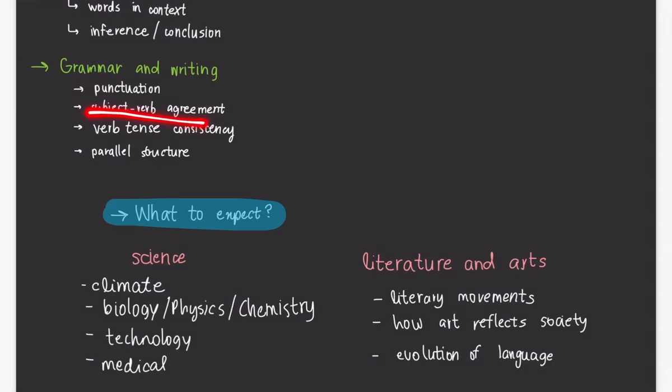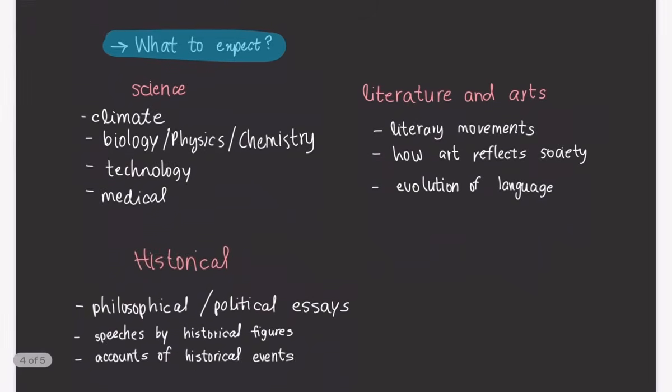Next, there will be questions based on subject-verb agreement, verb tense consistency, and parallel structure. So these are some very narrowly picked topics. However, there can be other subtopics that we'll discuss in a later video about the grammar and writing portion.